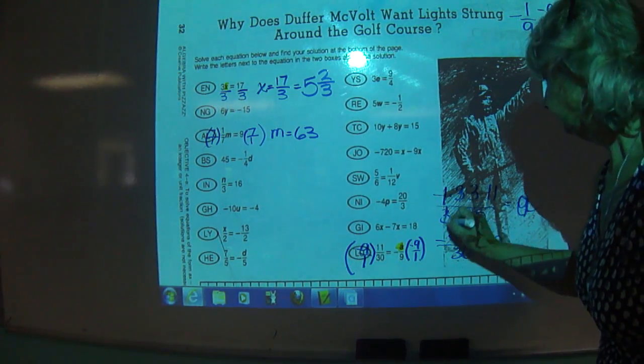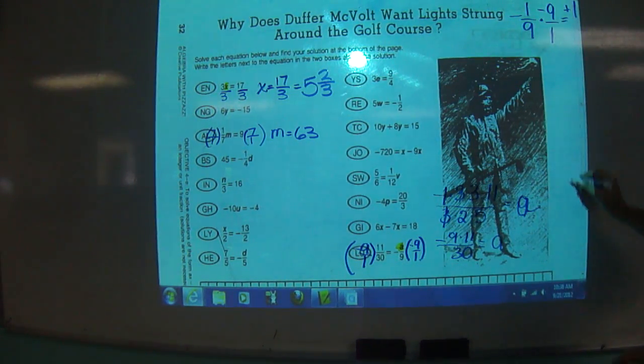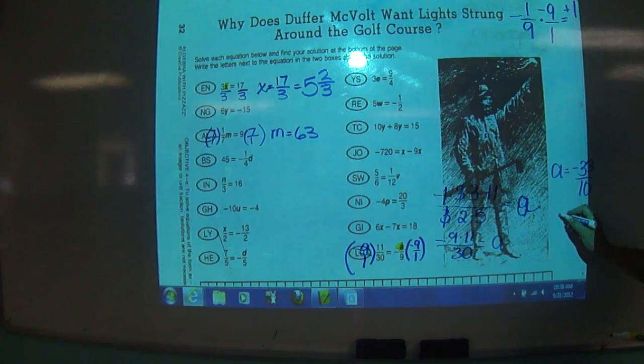We have a big one. So a equals negative 33 tenths. How many tens in 33? 3 and 3/10. With me?